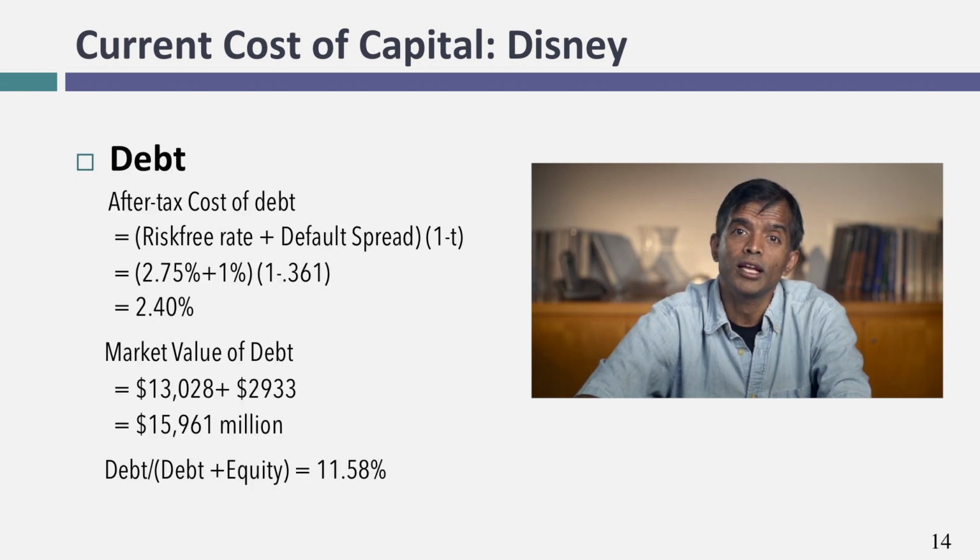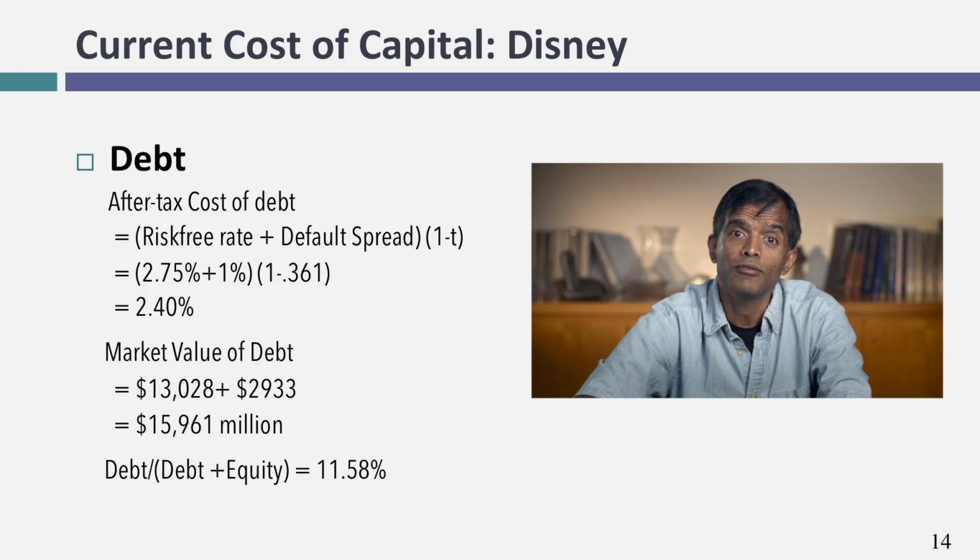To get the cost of debt, I start with the same risk-free rate, 2.75%. I add a default spread of 1% based on their actual rating, which is single A, and I net out the tax benefit based on a marginal tax rate of 36.1% to give me a cost of debt after taxes of 2.4%. To get the weights, I use the market value of equity, which I get by multiplying the share price by the number of shares.